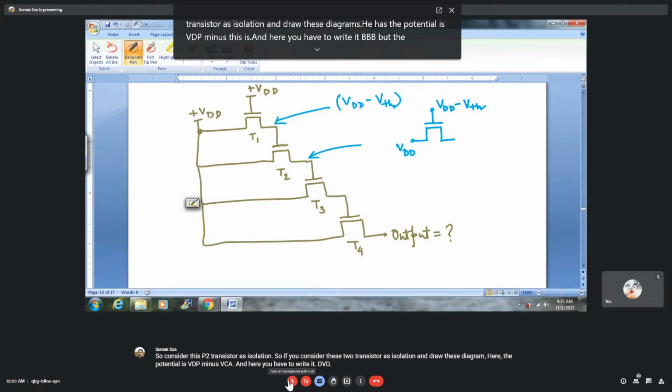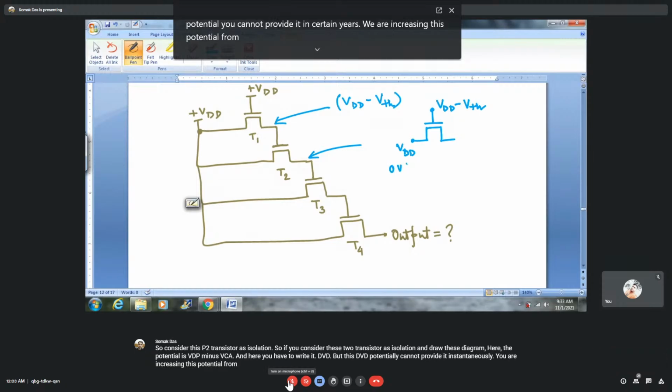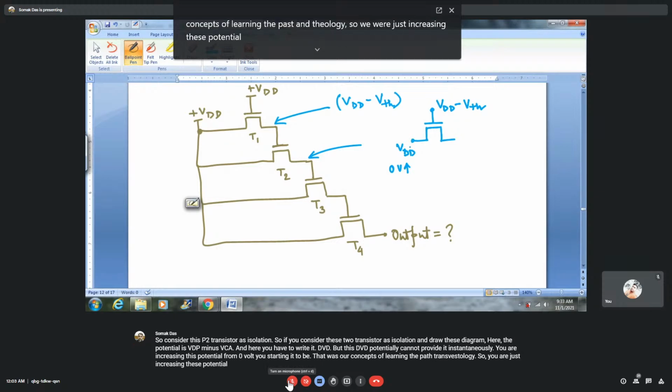But this VDD potential, you cannot provide it instantaneously. You are increasing this potential from 0 volt up to VDD. That was our concept of learning the pass transistor logic. So you are just increasing this potential from 0 volt to plus VDD.